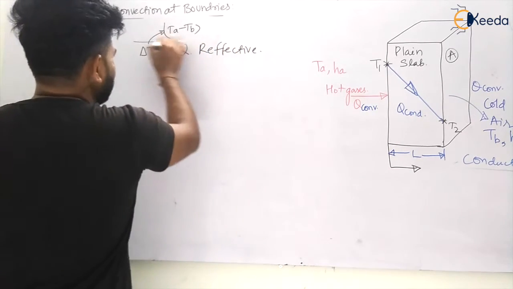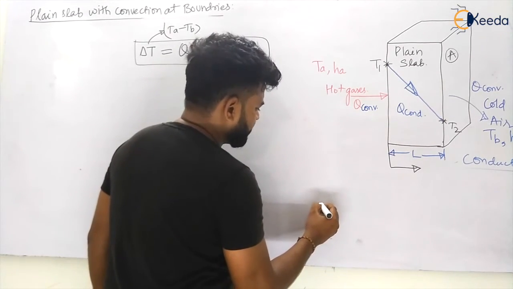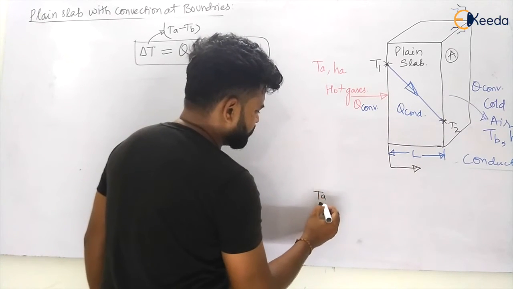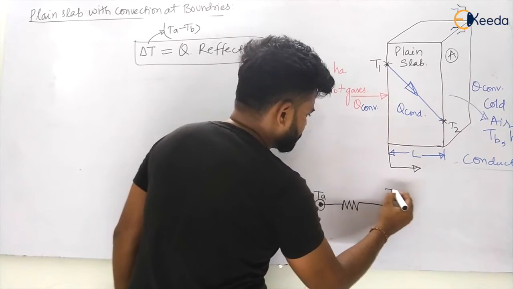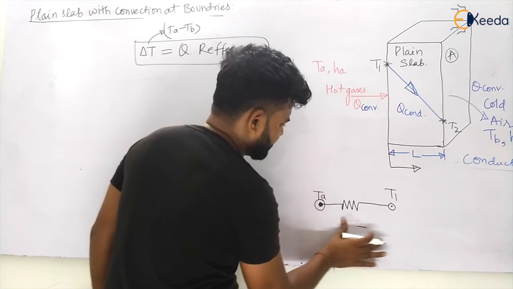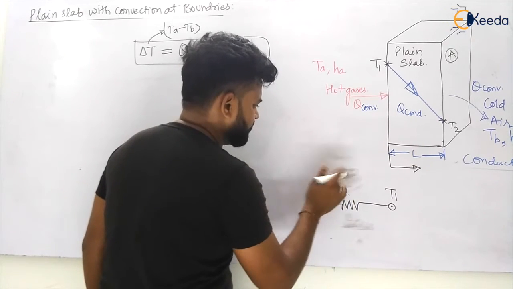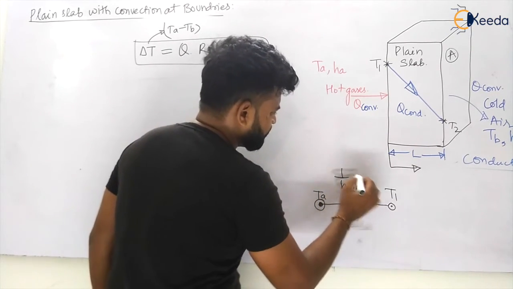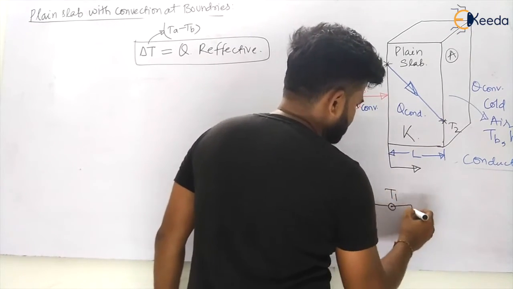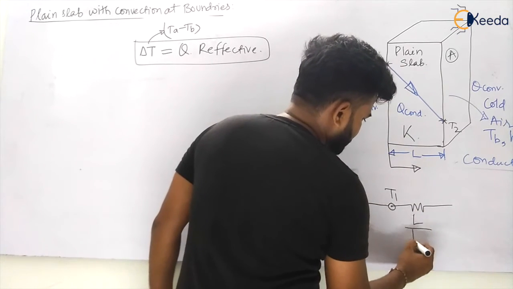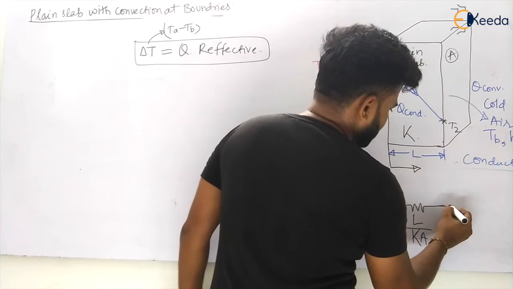So now, can we have that electrical analogy concept here? Yes, there is a temperature drop from Ta to T1. There is some convective resistance here, which is 1 upon Ha into A. Sorry, it will not be H by K. Then again there will be some conductive resistance here due to some conductivity K, which will be L by K A, up to temperature T2.